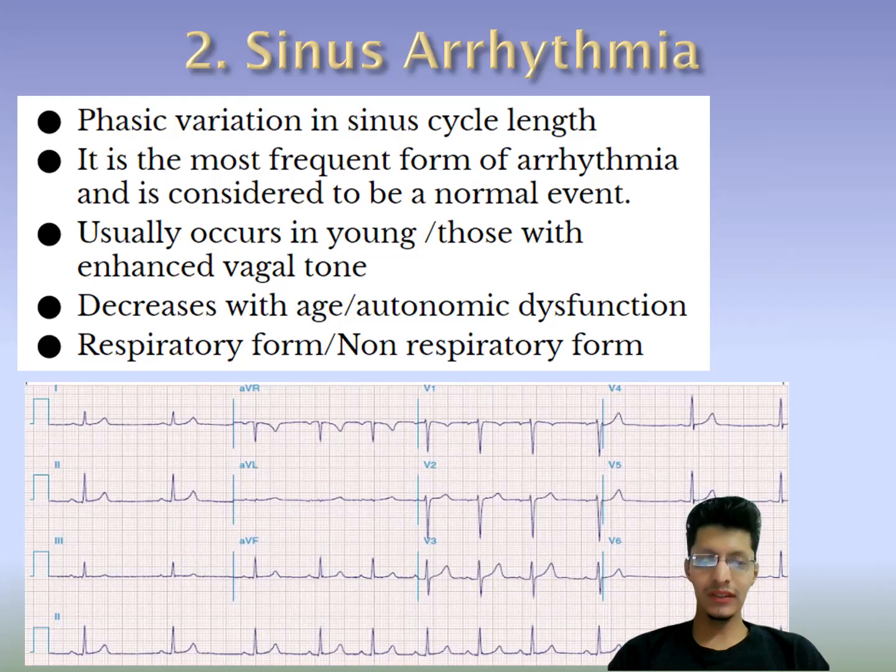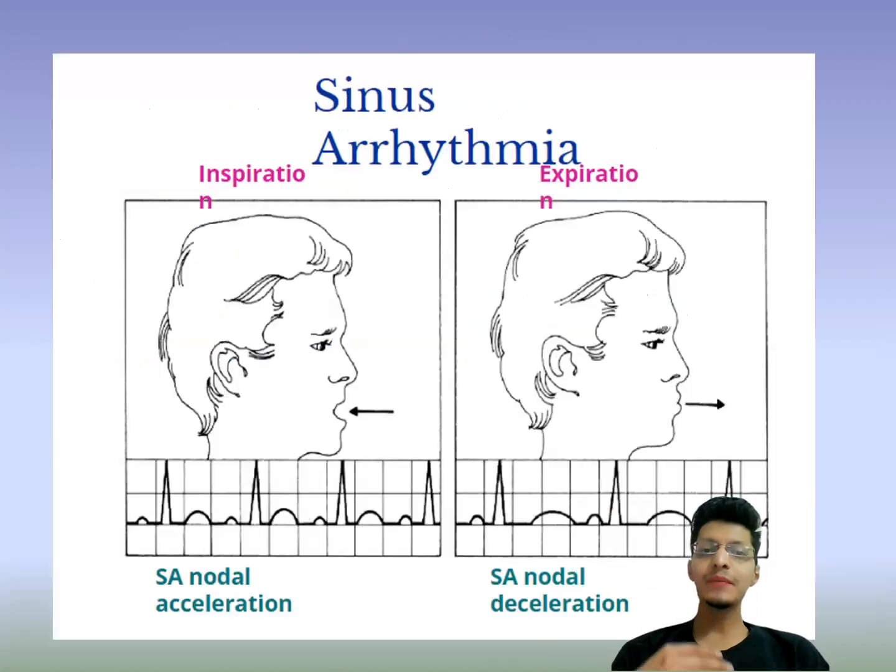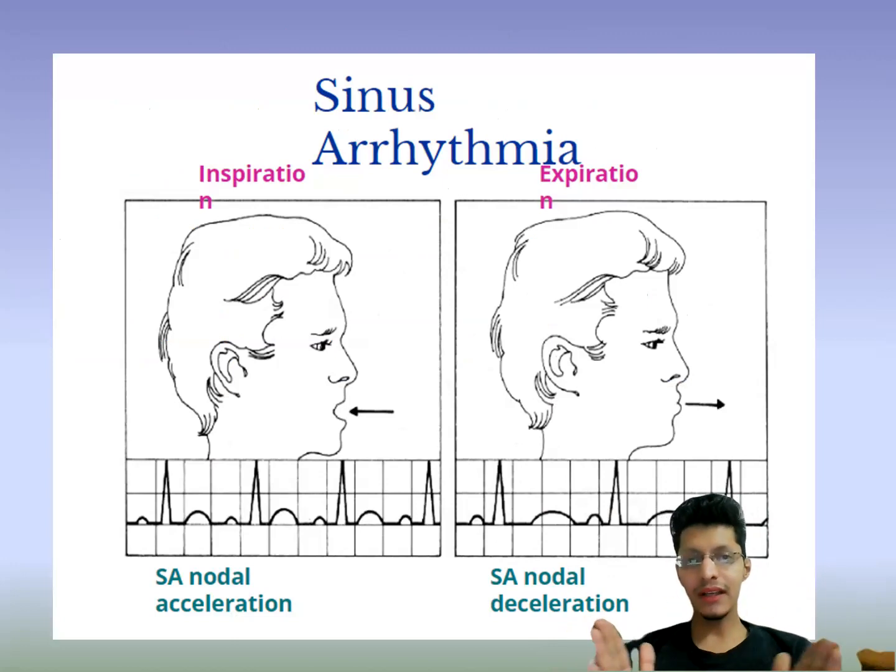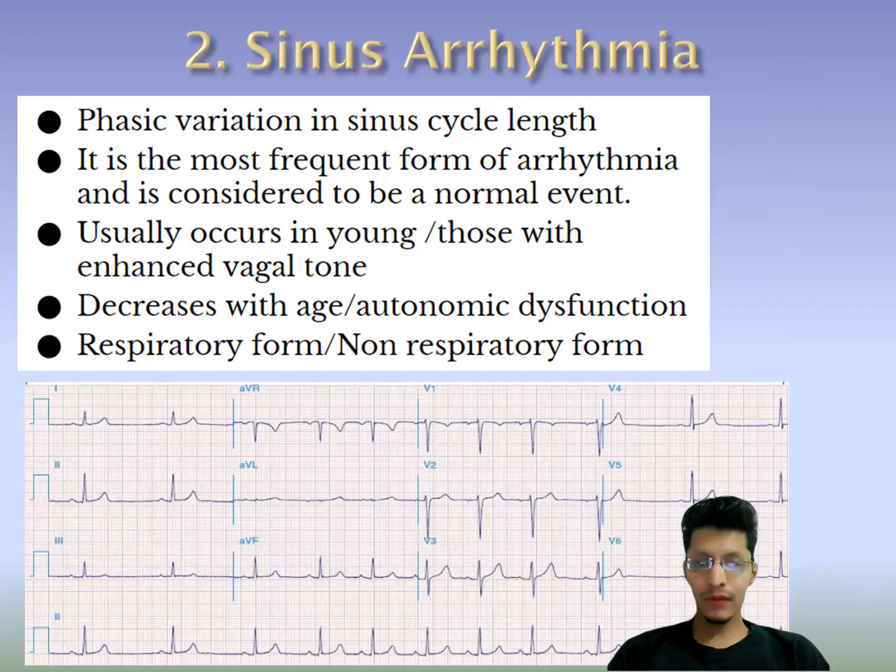During inspiration, just look at this diagram, there is an SA nodal acceleration, so our RR interval has shortened. But during expiration, there is an SA nodal deceleration, so our RR interval has prolonged. And it is normal physiology. You can see in the diagram that there's a difference in RR interval, but this is not any kind of pathological bradyarrhythmia.